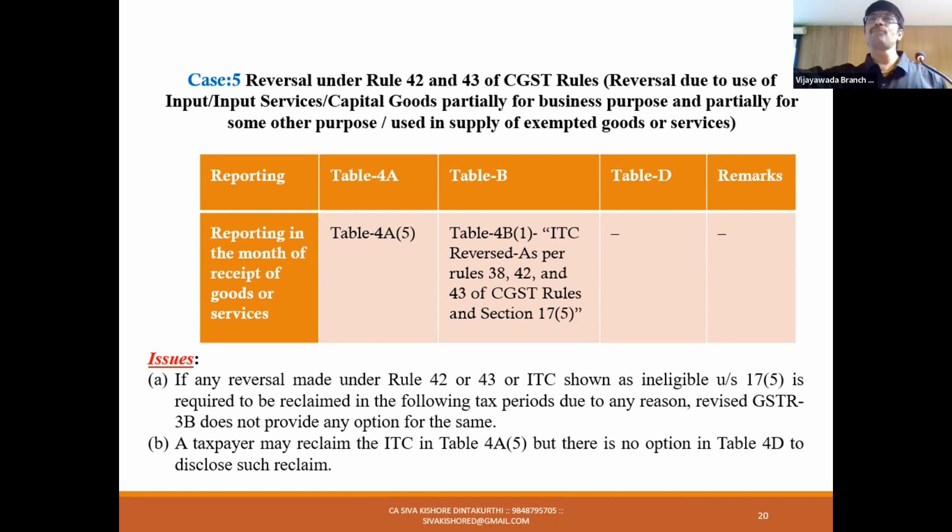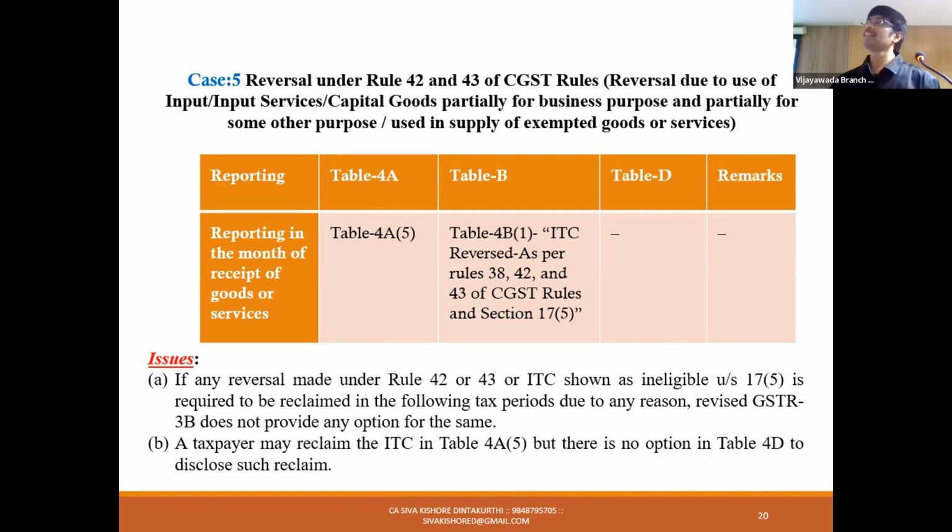Every month you have reversed under rule 42, inputs, input services, partly used in exempt, partly used in taxable. Every month you have made a reversal. At the end of the month of March, you will do the recalculation by taking the whole figure of per annum. Suppose 1 lakh is what you have already reversed, but the actual calculation is warranting only 90,000. Am I right? Every month you have reversed 40-43 in which column? 4B1, permanent reversal.